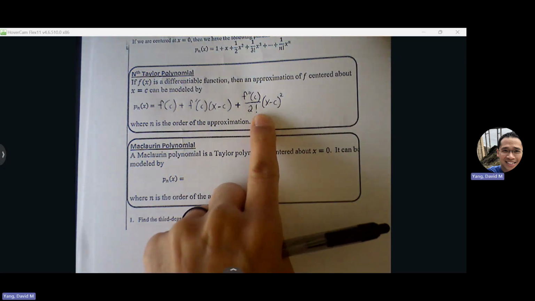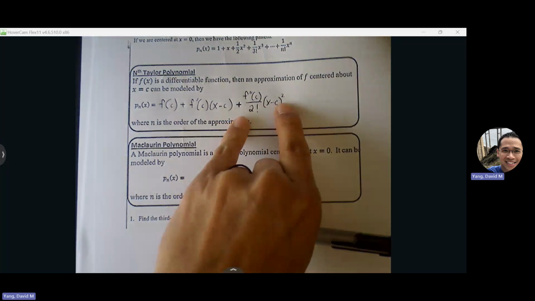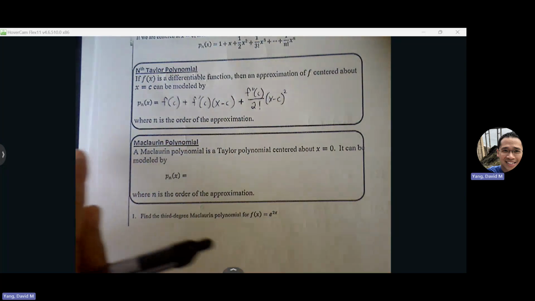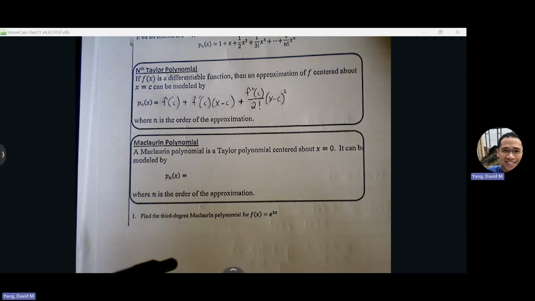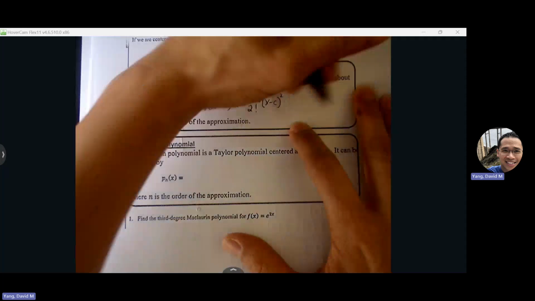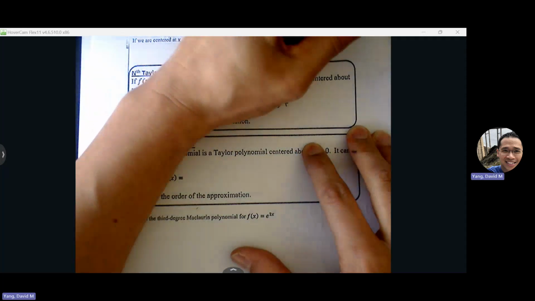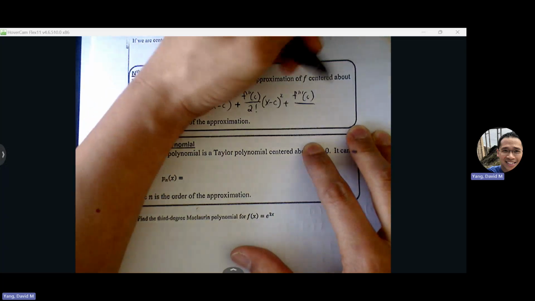And this formula will allow for that second derivative value to match, and we're able to find a constant. If we were trying to match it up to the third derivative, then it's f triple prime of c over 3 factorial.